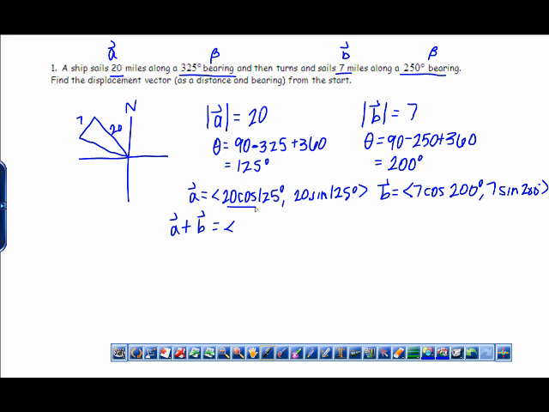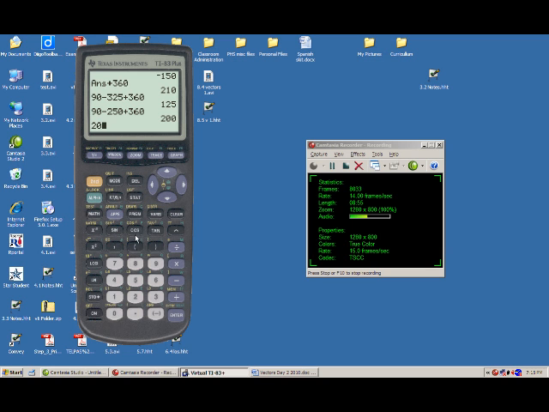Okay, now I need to add these two components together. Okay, so 20 cosine 125, I have to do all this in the calculator, make sure you're in degrees mode, and then add that to 7 cosine 200 degrees. Okay, and I'm actually going to store this in for A, because I might have to use that again.